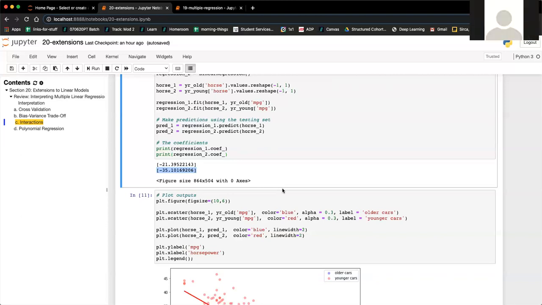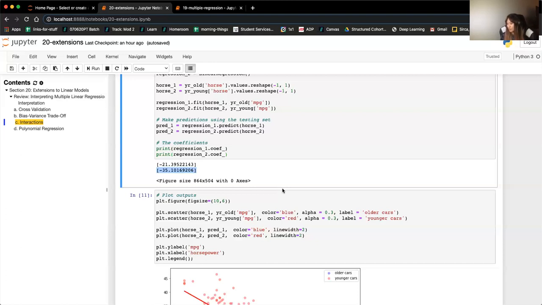Yeah. Let's say for all the cars, horsepower maybe didn't really have a linear relationship with miles per gallon. But if you separated out older and younger cars, maybe if you took out the older cars, then the younger cars show a better, more significant linear relationship. Kind of, yeah.